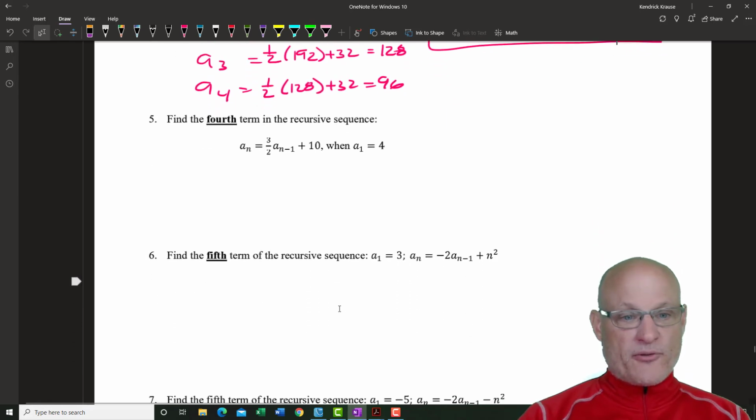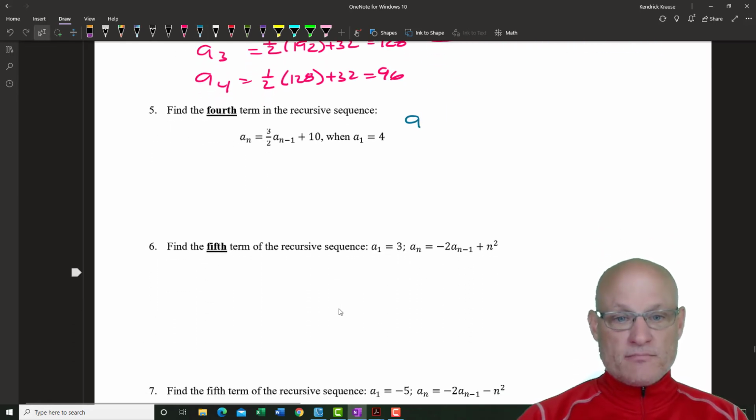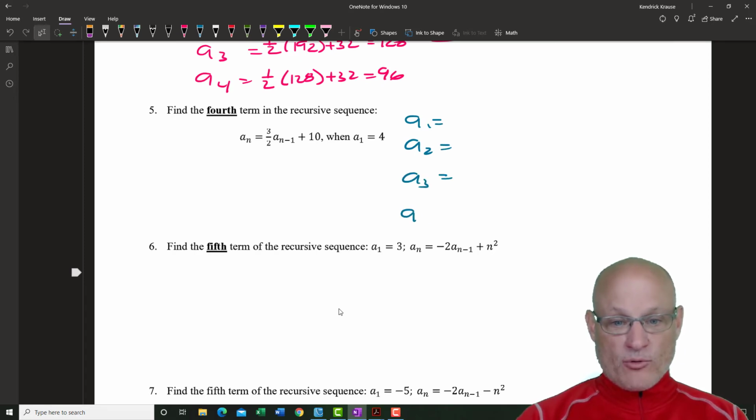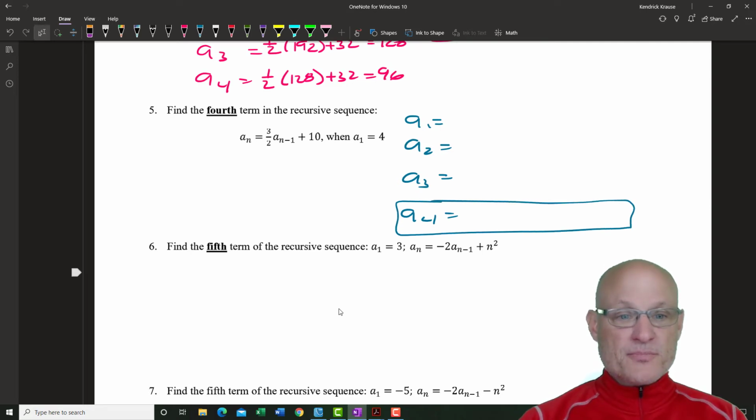This one, we only want the fourth term, so we're going to go A1 equals, A2 equals, A3 equals, and I'm out of room, so I'm going to write A4 equals, but this is going to be my answer. So 4, take 3/2 of 4 and add 10.